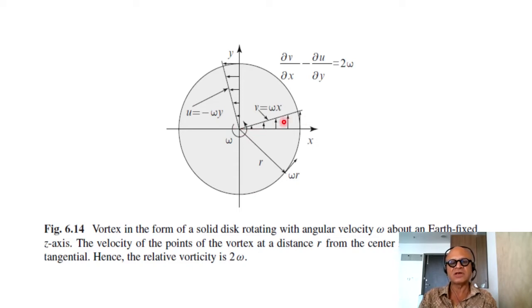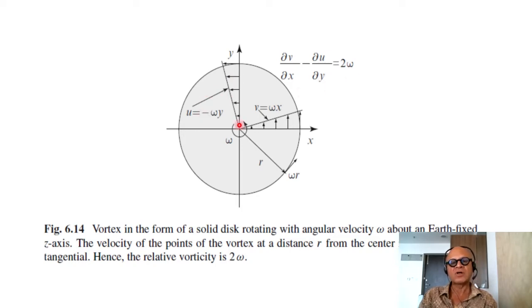You can easily imagine that. So here you have v perpendicular to x, so v is omega x in this case, but at any location the tangential velocity is omega r, right? Here you are perpendicular to y, so the zonal velocity equals minus omega y. It's in the negative y direction.